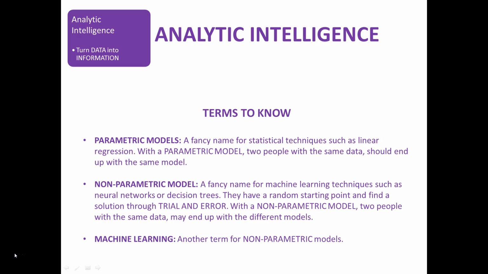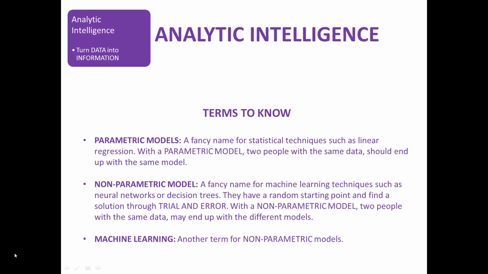Now, as I mentioned before, another term is machine learning. Machine learning is a buzzword that is really popular right now as of 2016. It's a phrase that you hear a lot. It's nothing new under the sun. It is simply another name for non-parametric models, and it involves things like neural networks and decision trees and random forest and all these other techniques that have been around for years and years.